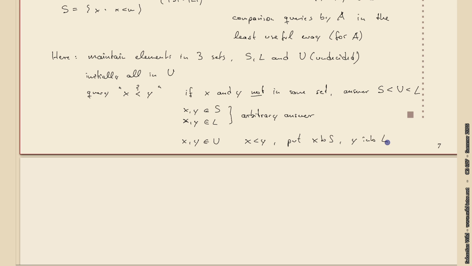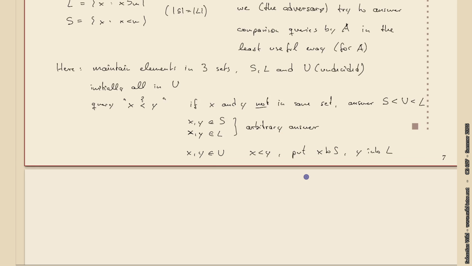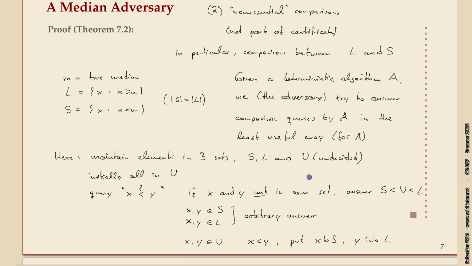And what have we done with this step? Well, we've generated a non-essential comparison. Because at the end of the day, neither x nor y will be the median, and they will lie on opposite sides of the median.